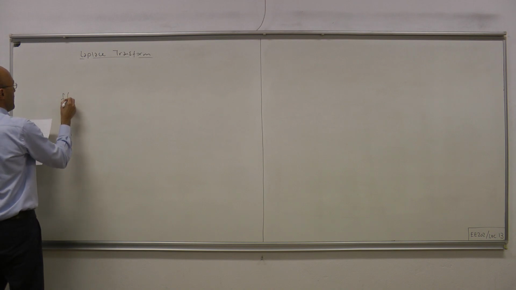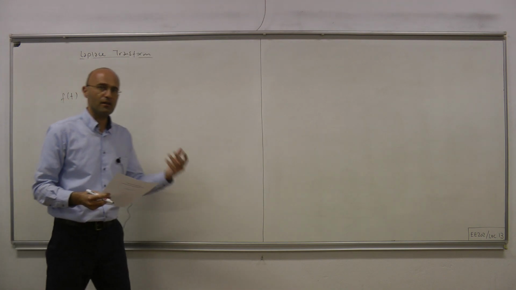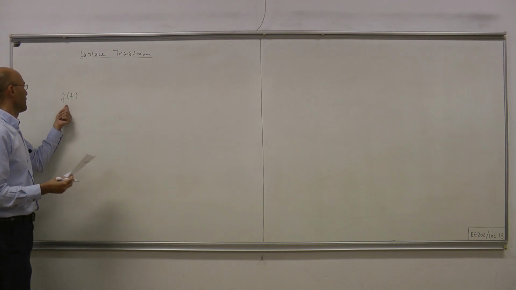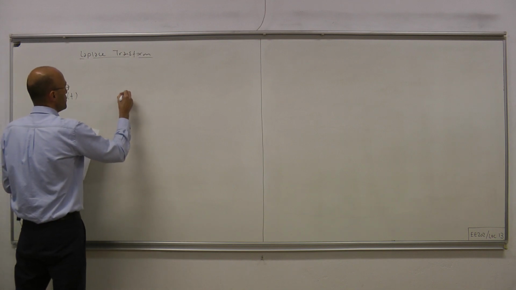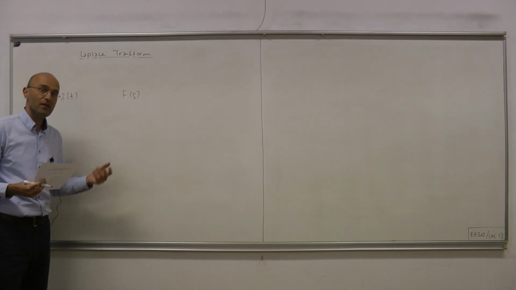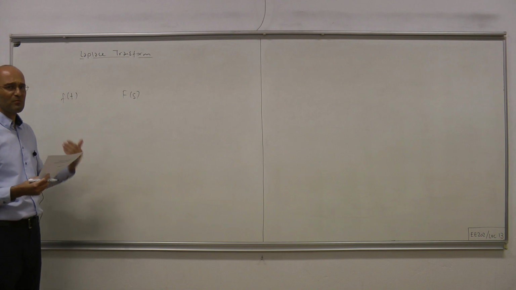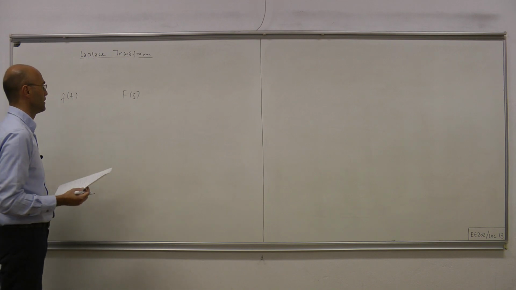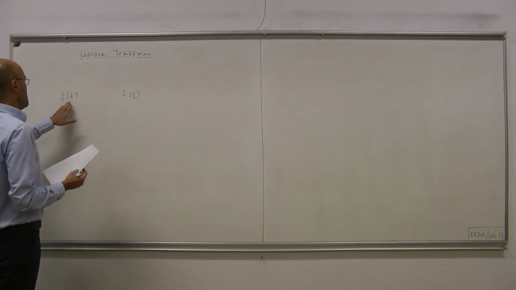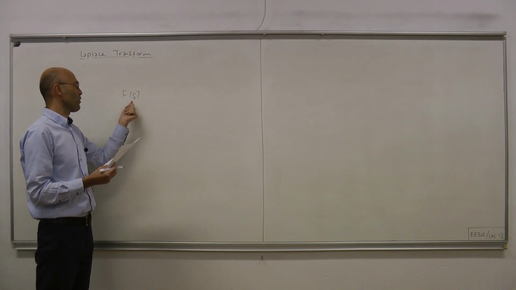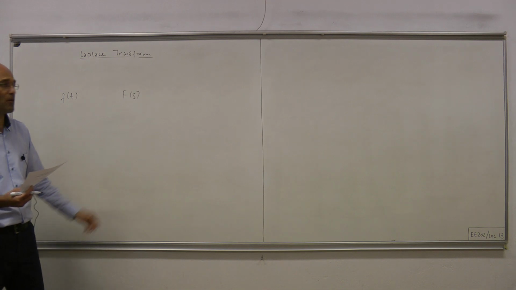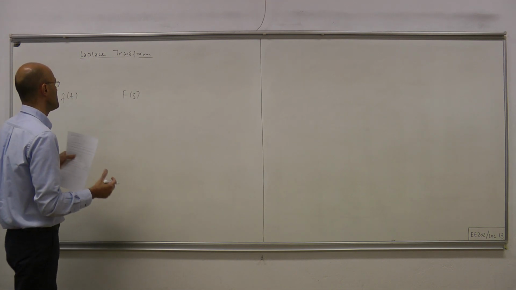So we have some signal, suppose that we denote it by f of t in the time domain. And then what can be done is, through some transformation, which we will define soon, from this f of t, another function, this time of variable s, a complex scalar, is obtained.